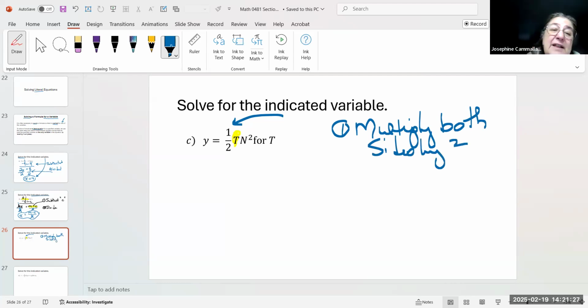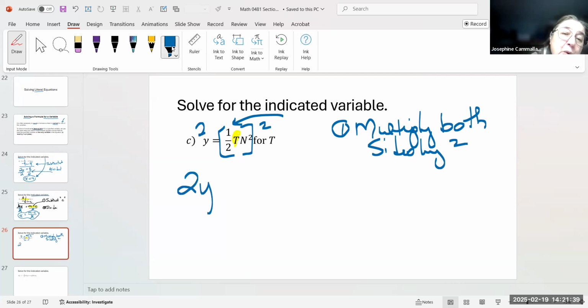That means this side is going to multiply by 2, but that y has to be multiplied by 2. So I now get 2y, this 1/2 and this 2 are going to cancel, and I'm left with t n squared.